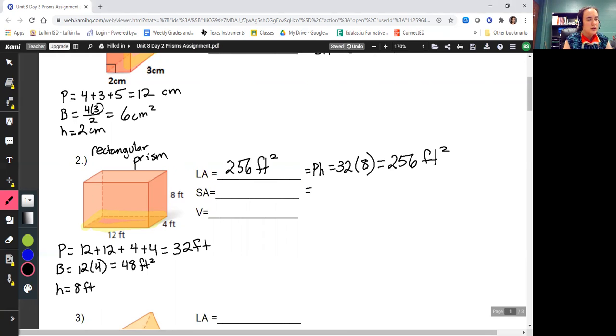Then we need our total surface area. Remember, the formula is perimeter times height plus 2 times the area of the base. So our perimeter is 32 times our height of 8 plus 2 times the area of our base, 48. And we get 352 feet squared.